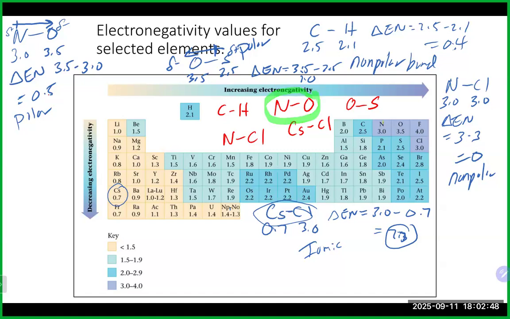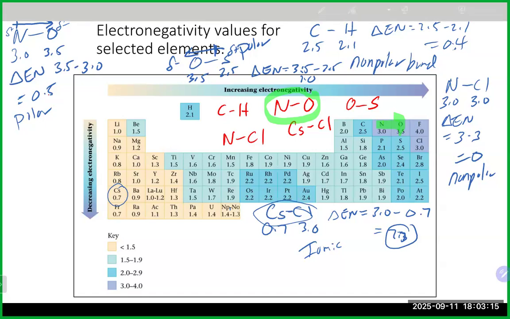My nitrogen and oxygen are in the same period on the periodic table, the same row, and oxygen is further to the right. So because they're in the same row, and oxygen is further to the right, I know oxygen should be more electronegative than nitrogen, and that's probably going to lead me to a polar bond. So even without the numbers, I could pretty much make a good guess. I also would draw my arrow pointing towards the oxygen like we did above.